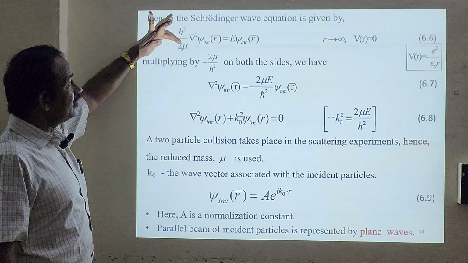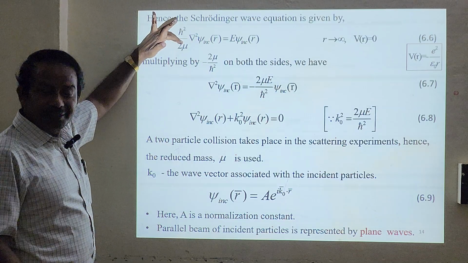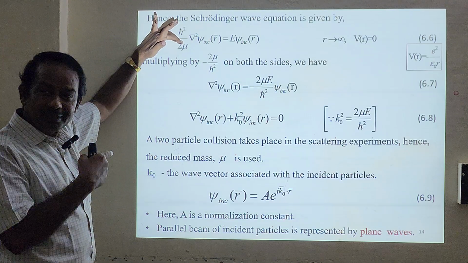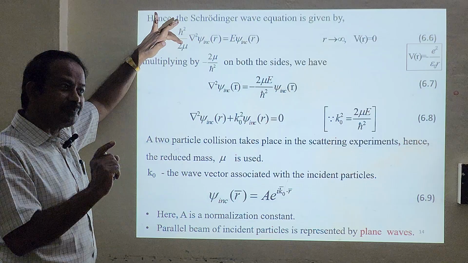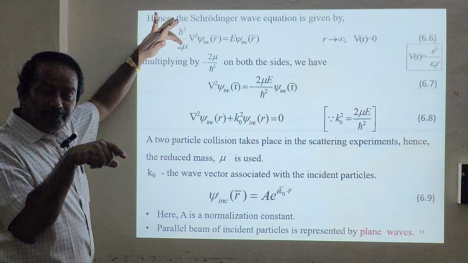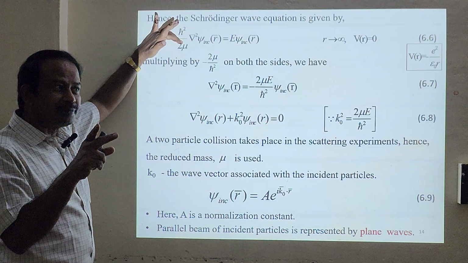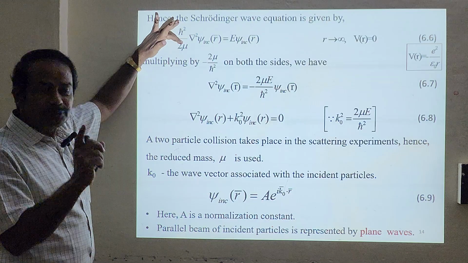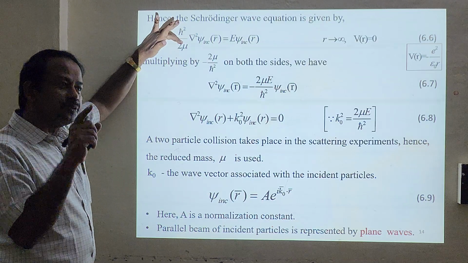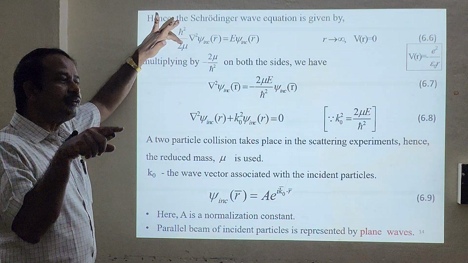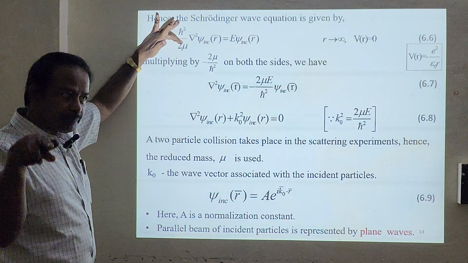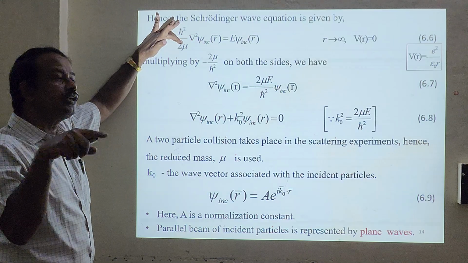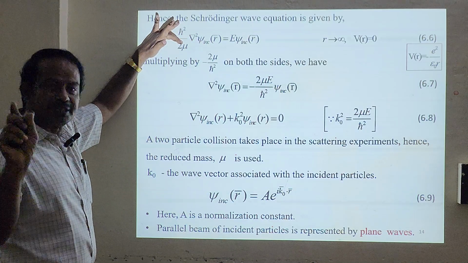As I said earlier, we use mu instead of m. In quantum mechanics 1, we used only m, as it was a single body problem. Now we are going to study a two body problem. Scattering theory is a two body problem, so we have to use mu. 1 by mu equals 1 by m1 plus 1 by m2, so mu equals m1 m2 divided by m1 plus m2.